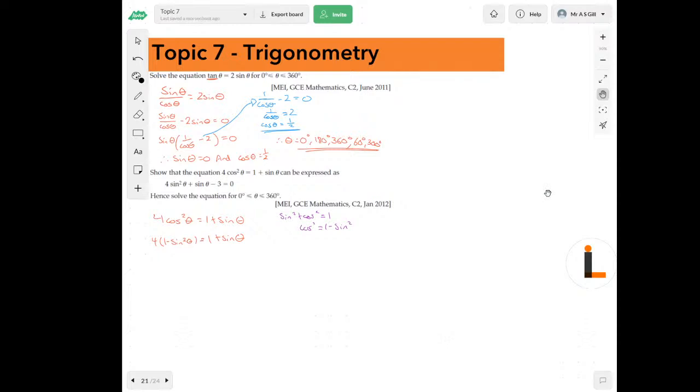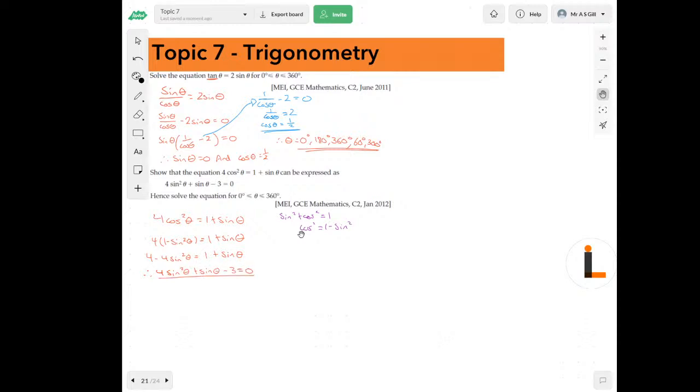Then we're going to go through and expand this bracket. And we're close to this kind of format now. That is asking us to show that. So now it's just about rearranging this question and saying, well, we can go straight from, well, therefore we get 4 sine squared theta plus sine theta minus 3 equals 0.